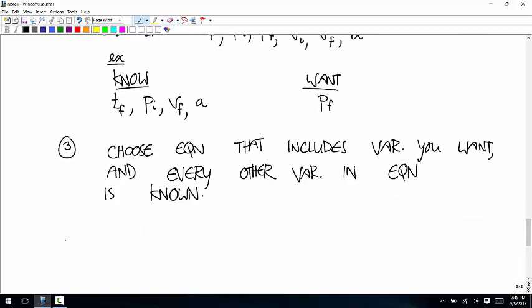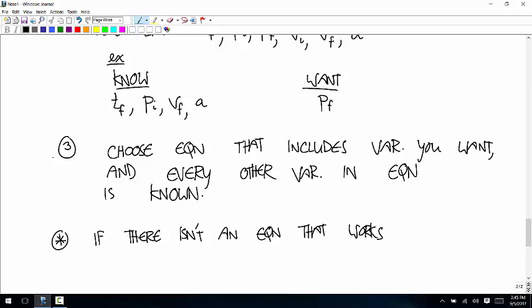And then sometimes on the harder problems, there won't be an equation that works. So if there isn't an equation that works, choose an intermediate variable to solve for.